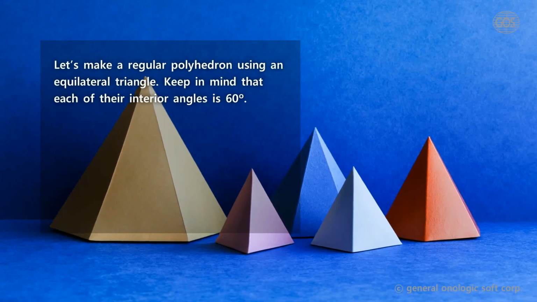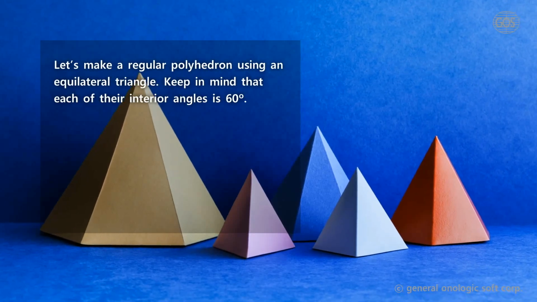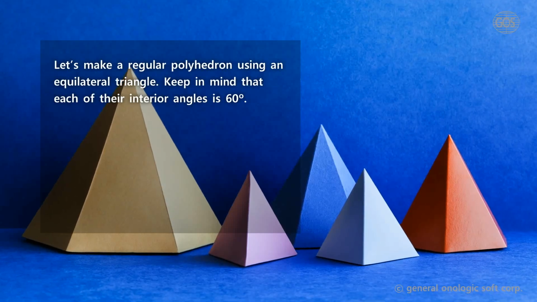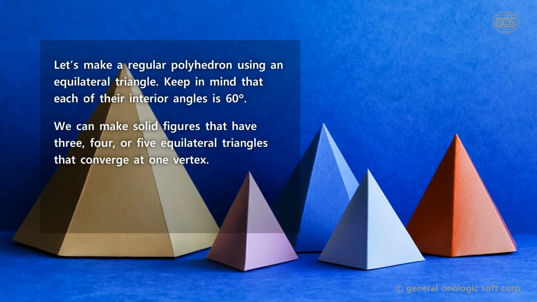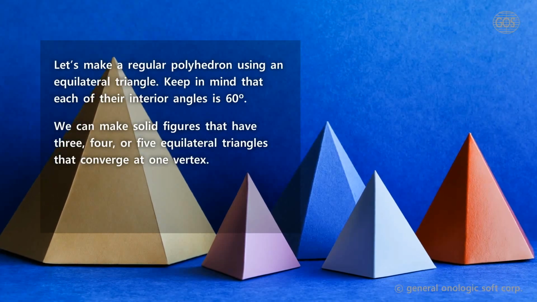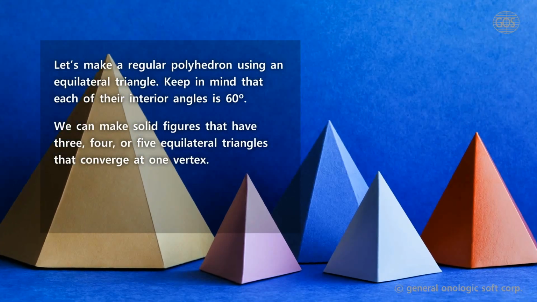Let's make a regular polyhedron using an equilateral triangle. Keep in mind that each of their interior angles is 60 degrees. We can make solid figures that have 3, 4, or 5 equilateral triangles that converge at one vertex.